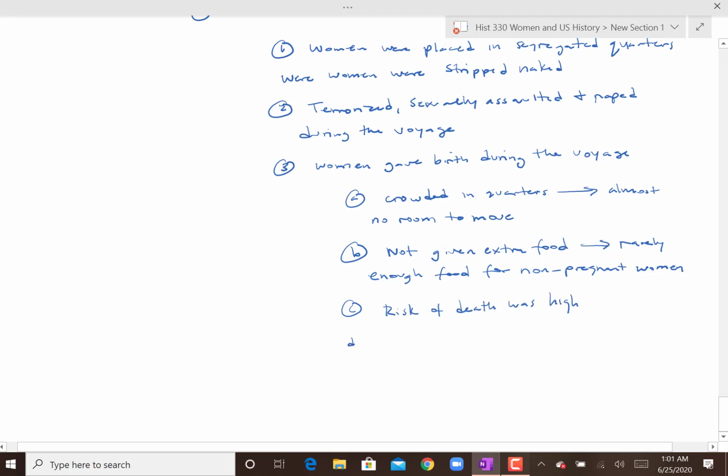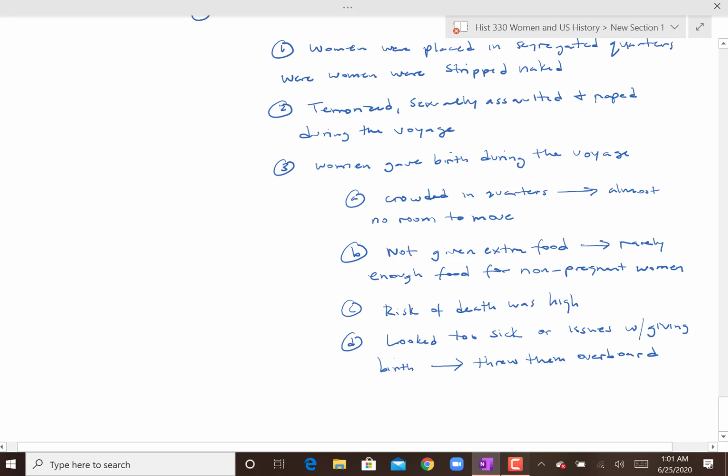Worse, if you looked too sick or had issues giving birth, they usually threw you overboard. Especially for sickness, it varied for pregnancy.